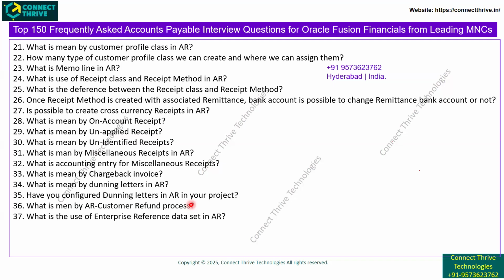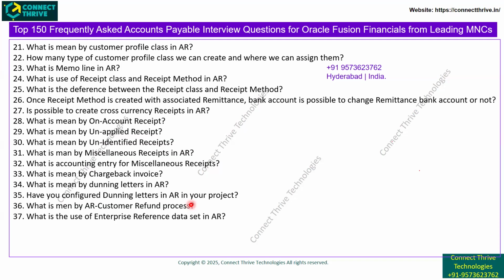It is very difficult. They have 15 plants. For each plant, we have to create the BU access and customer addresses for each BU. It is very difficult for us. So instead of that, if you create one customer by using this enterprise reference data set, it is like a common set. So that customer can access all the BUs.